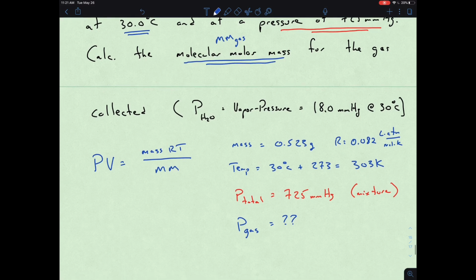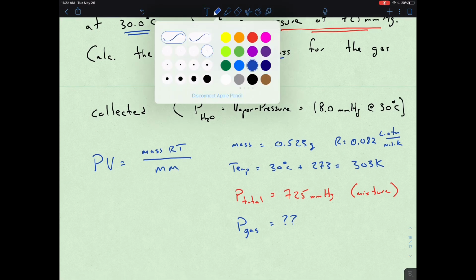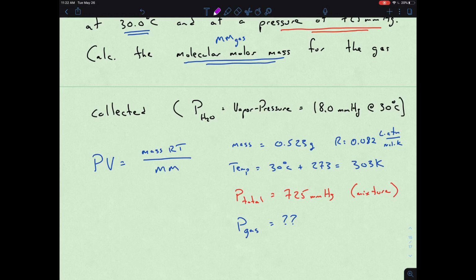So there's really two steps here that we need to do. Step one is really this combination of this pressure total and individual pressure. And so there's Dalton's law. And then once we have that, we can go up and use our expression and solve for the actual molar mass.